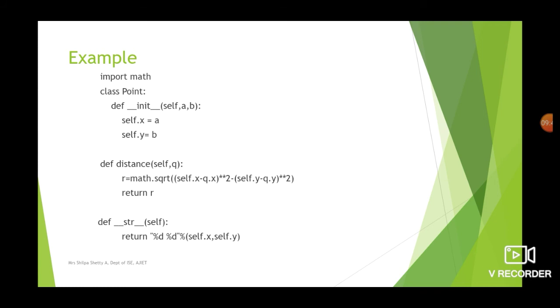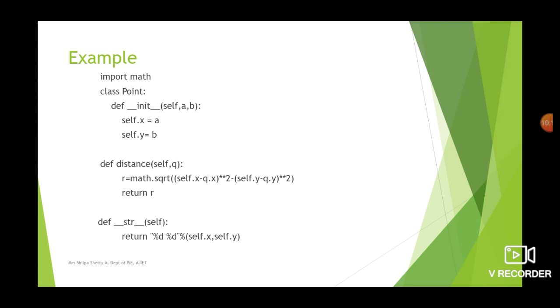The next method that we have is str. This is a method that returns a string representation of an object. It is used whenever we have to display any point. We can use the print function. One more way that we can use is, instead of writing print function, we can write a function called str, and this function returns the string representation of the object.